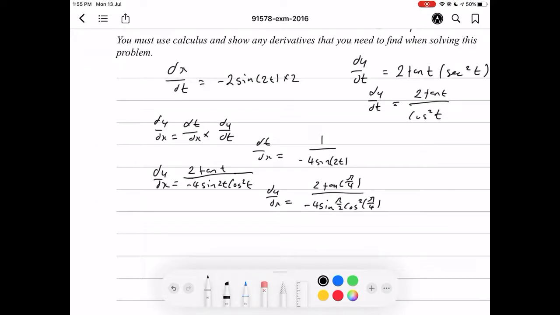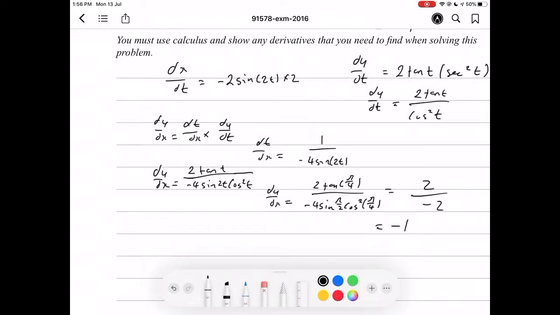It has to be in radians. So tan pi over 4 becomes 2 over negative 4 times sine pi over 2 times cos squared pi over 4. Should be 2 over negative 2, and that gives us an answer of negative 1. And that will be our gradient at t equals pi over 4.